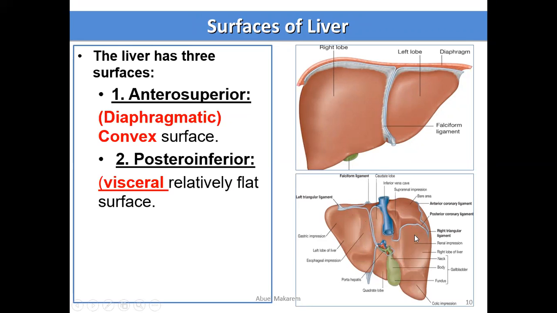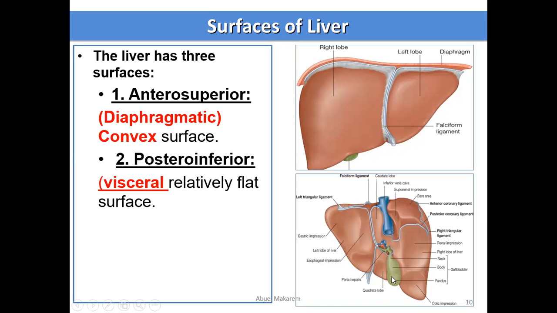This is the renal kidney impression, this is the right colic impression, then we have the esophageal impression, and here there is impression of the stomach, and here is the caudate lobe, that we'll study later. So all these impressions are there. That's why it is called as the visceral surface, or also the posterior inferior surface, where the viscera of the abdomen will be in relation.